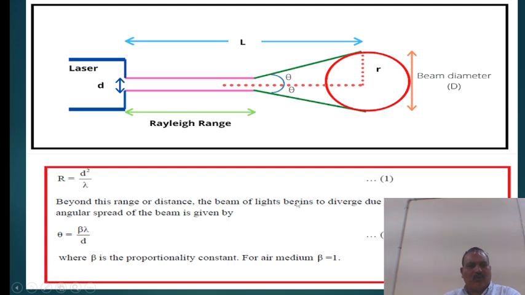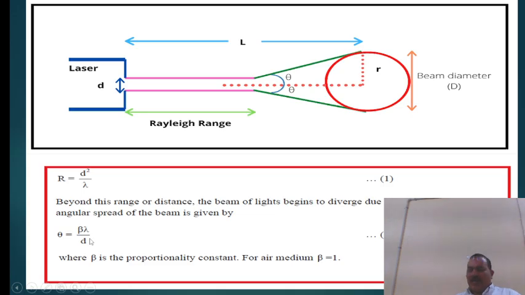This is equation number 1. Beyond this range, the beam of light begins to diverge due to diffraction effects, and the angular spread of the beam is given by theta equal to beta lambda by d.